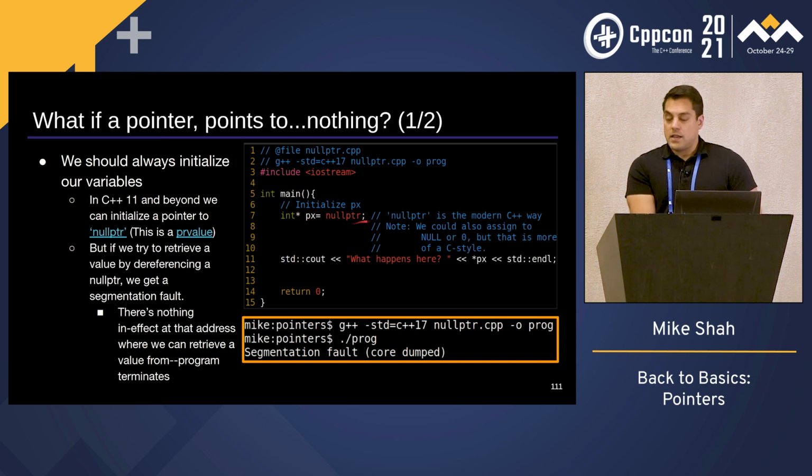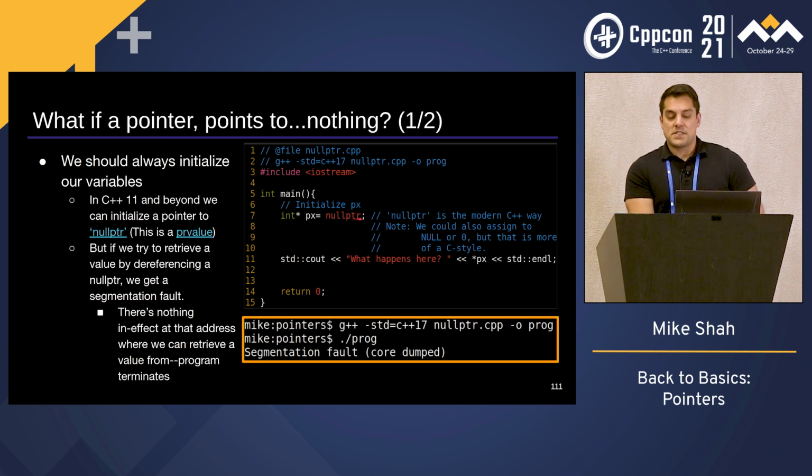And the piece of code I'm looking at here is at line 7, where I create our integer pointer, p of x, and I assign it immediately to nullptr. Because again, we should always assign our variables when we create them, otherwise, who knows what the default values are. But what happens here is, well, I go down to line 11 and I try to use this pointer in the sense that I'm dereferencing the value.